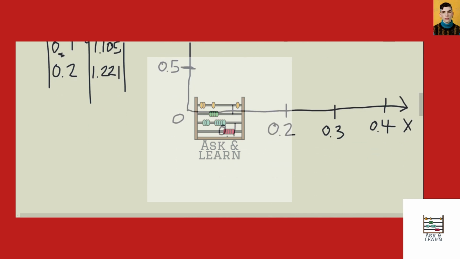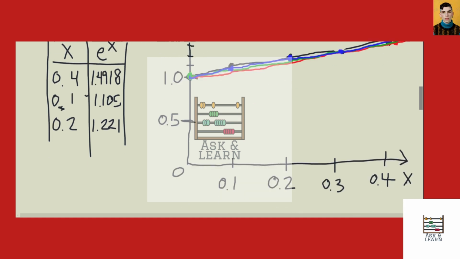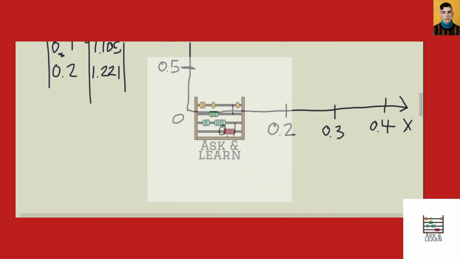In part C, you're asked to find the error in Euler's method. You're given that the error in Euler's method has this formula.